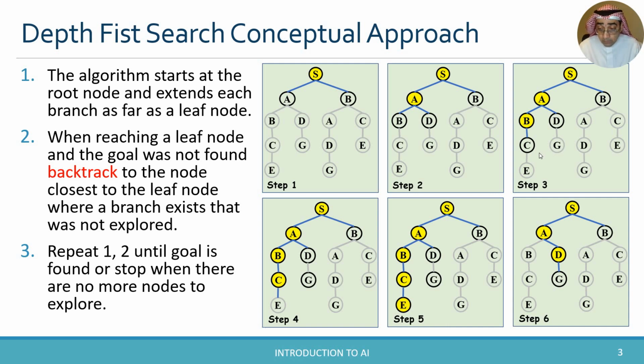That will make sure that each one of you, given a graph, will generate the same tree. We repeat all of these backtracking and searching steps until we find the goal. And this is the idea of depth first search.